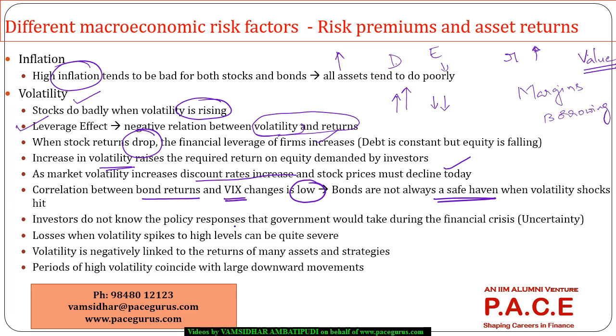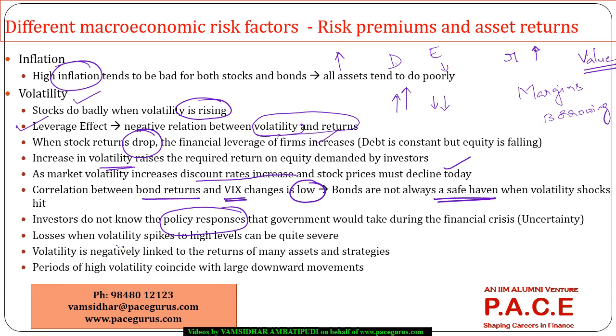Then coming from the policies perspective also, in case of high volatility, the investors cannot even know how the government is going to respond. What are the kinds of policy changes that the government is going to bring up during the financial crisis? So there is a heavy uncertainty floating around.